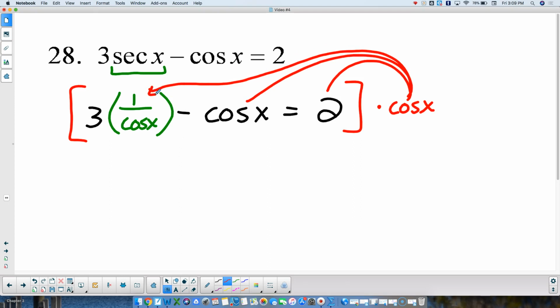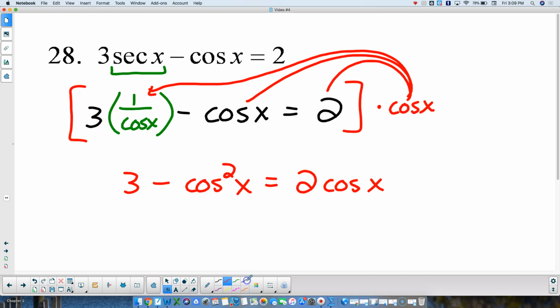So 3 times 1 over cosine times cosine is just 3. Cosine times cosine is cosine squared. 2 times cosine is 2 cosine. Now I've got a nice equation with all cosines in it.